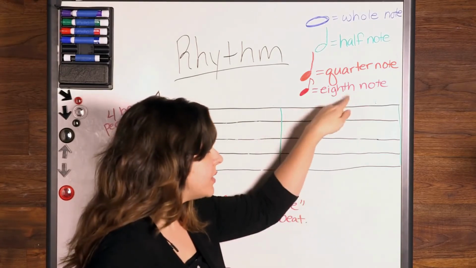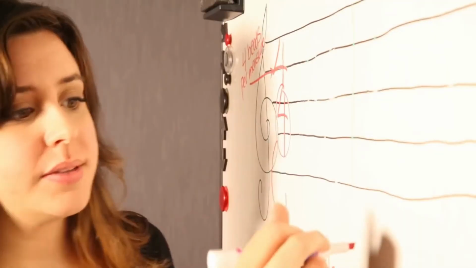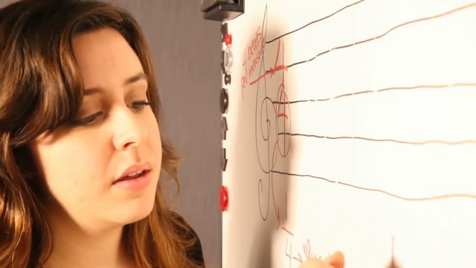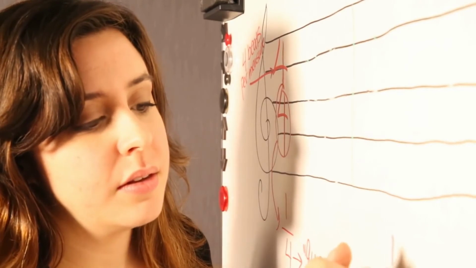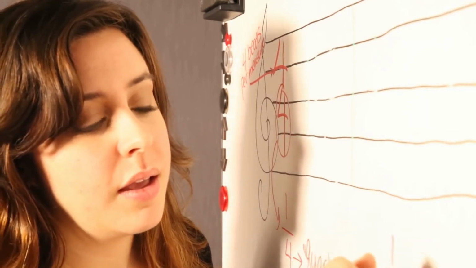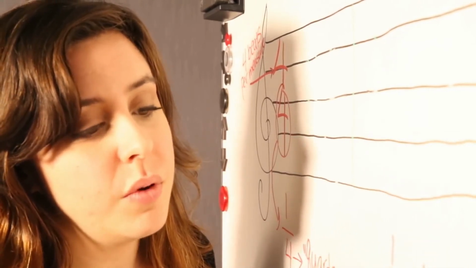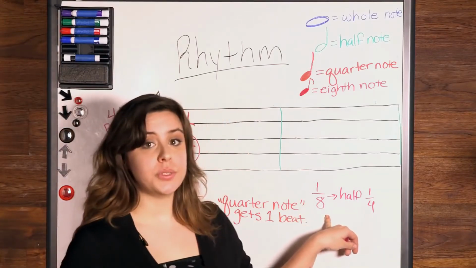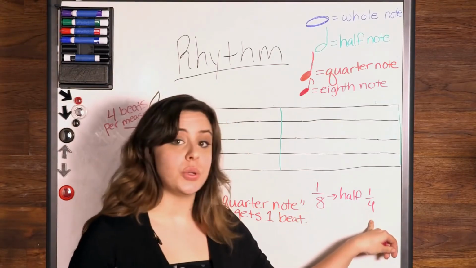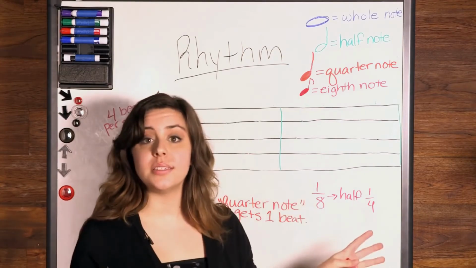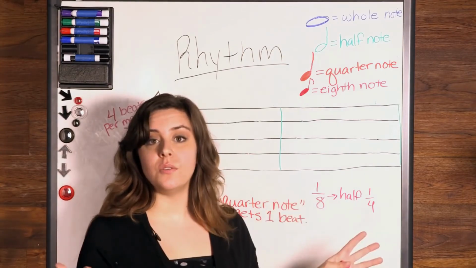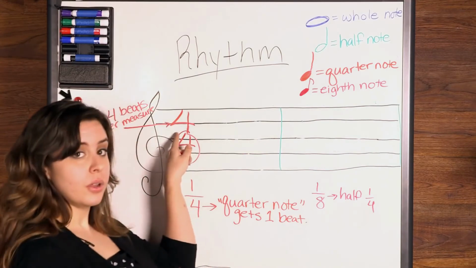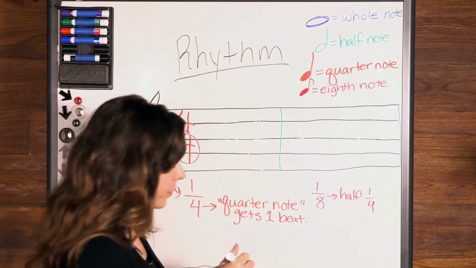It just so happens that 1/8, as we discussed, is half of 1/4, which means you can put twice as many of these notes as you can these notes, regardless of what kind of key signature you have.